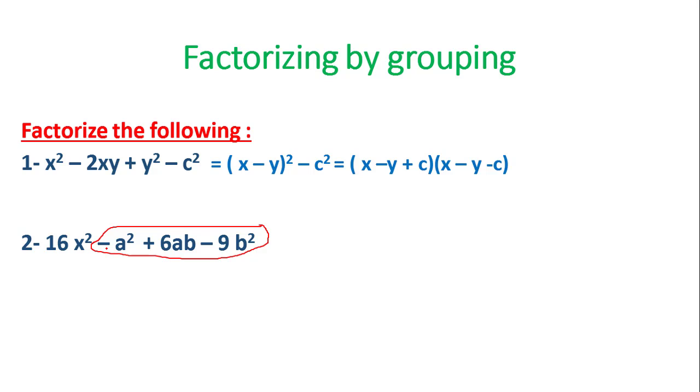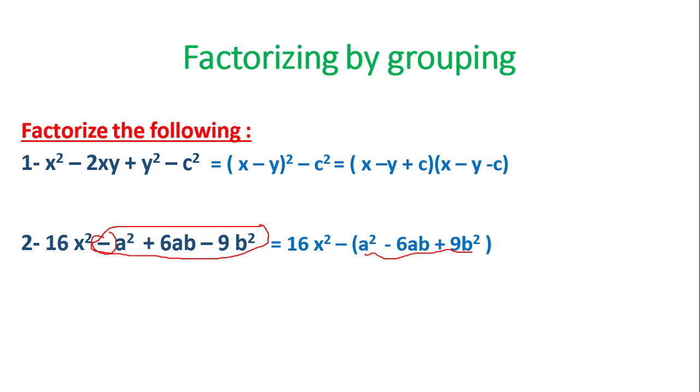We said in the perfect square the first and third should be positive, so I'll take negative 1 as a common factor to change the sign. It means that we have 16x power 2 minus, and I'll change the signs: a power 2 becomes positive, and the positive 6ab becomes negative, so minus 6ab plus 9b power 2. This is a perfect square.